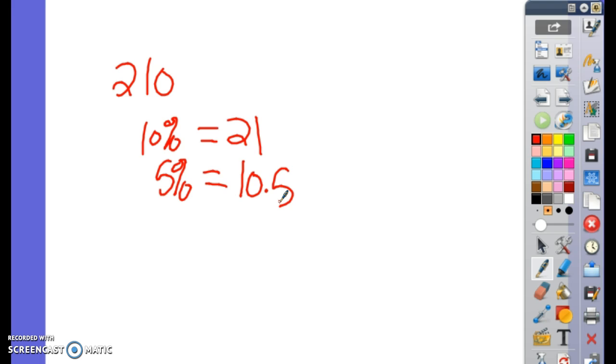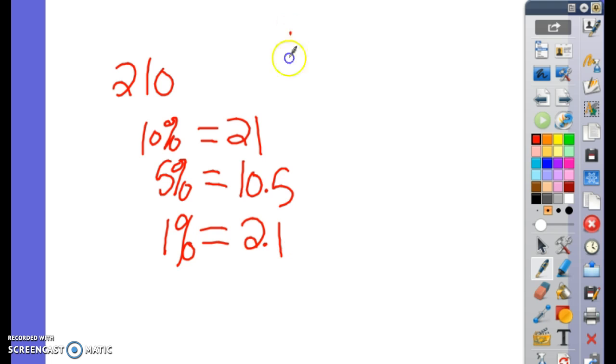So 1% equals 2.1, and you can also find that by doing 210 divided by 100. And then to get to 6%, you will add the 5% and the 1%.